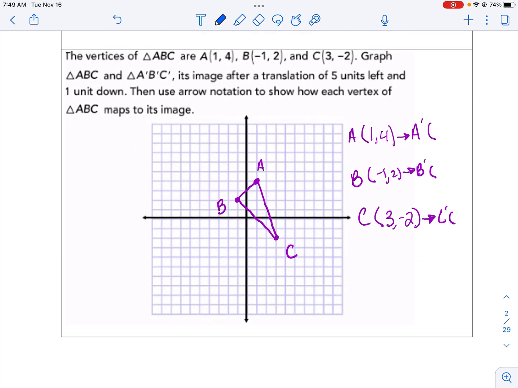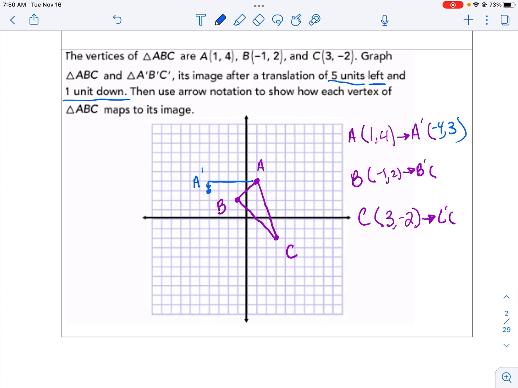So here, let's use arrow notation. We want to go 5 units to the left and 1 unit down. So if I take A, I have plotted A. You will need to plot all these. Let's go 5 units to the left and then 1 unit down. There is my point A prime, and that gives me the coordinates -4, 3.